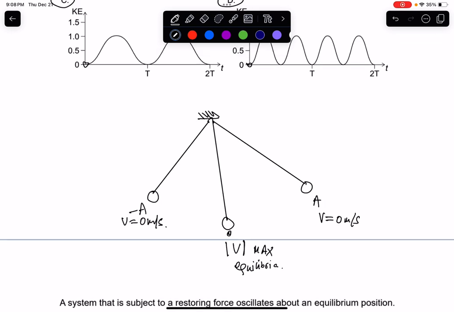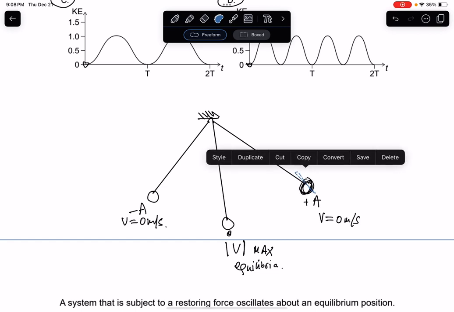Let's pick a point. Let's say this is your positive amplitude, and the pendulum bob starts over here. It will go to the left, and then it will come back. This makes one oscillation, or one period, because the starting point and the ending point of the period are at the same place.